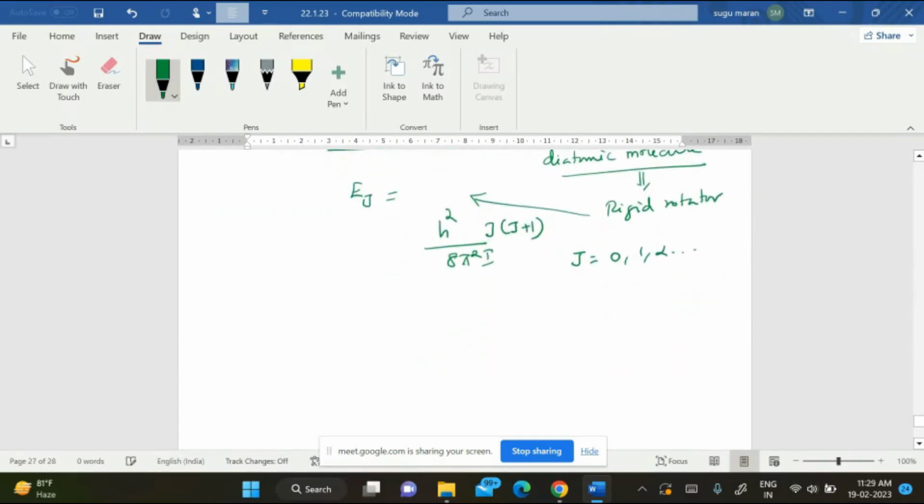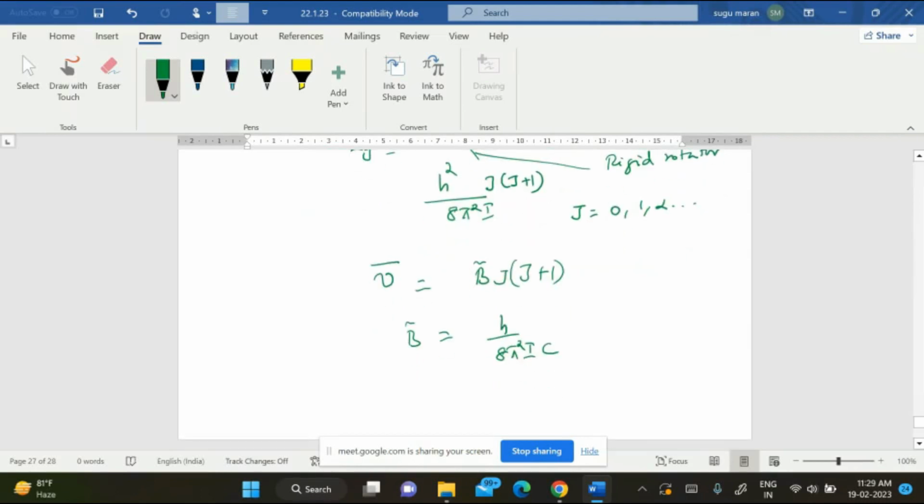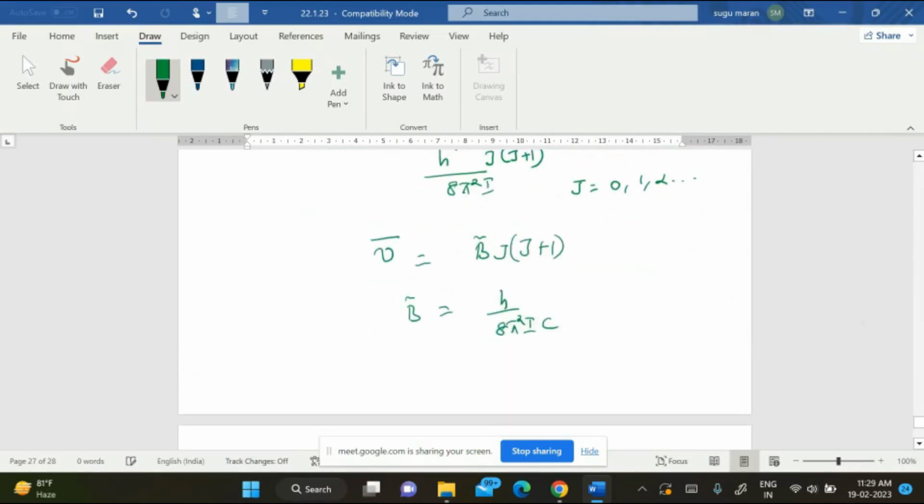And in terms of wave number, the energy expression can be given as B bar into J into (J plus 1), where B bar is nothing but h by 8 pi squared I c. So these are the things, just a recap of what we have seen.